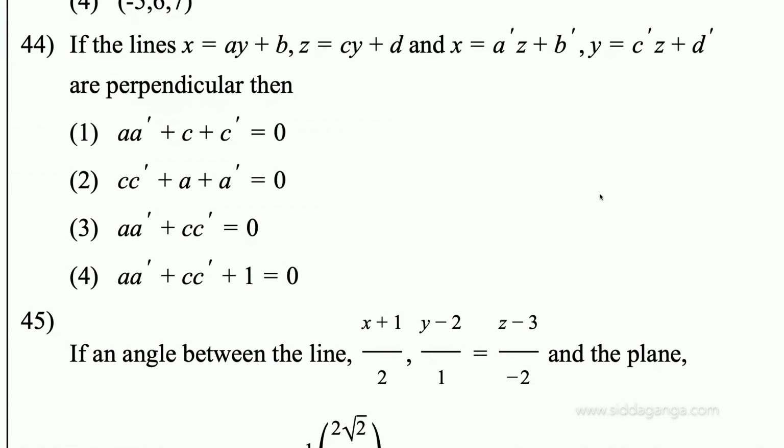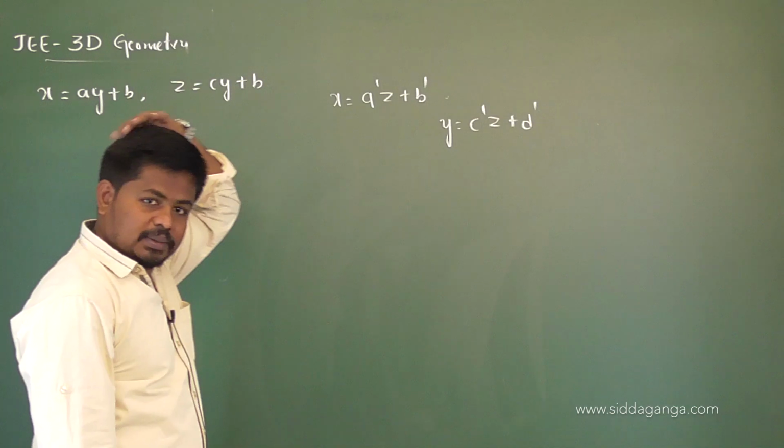If the lines x is equal to ay plus b, and z is equal to cy plus d, these two equations form a line, and one more line, I have split the line, x equal to a dash z plus b dash, and y is equal to c dash z plus d dash, right.